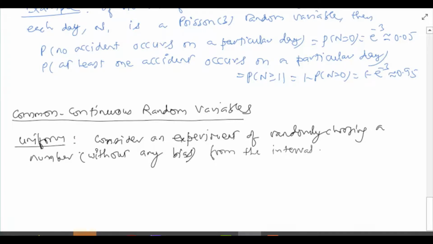Here B is greater than A. Then the chosen number has a continuous uniform distribution.